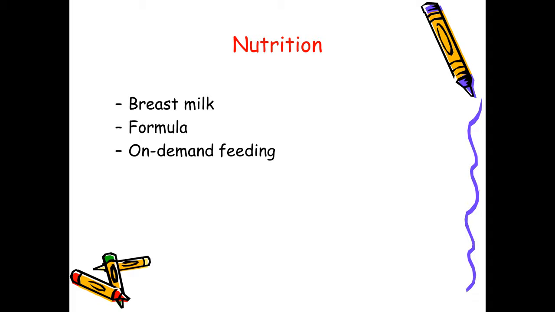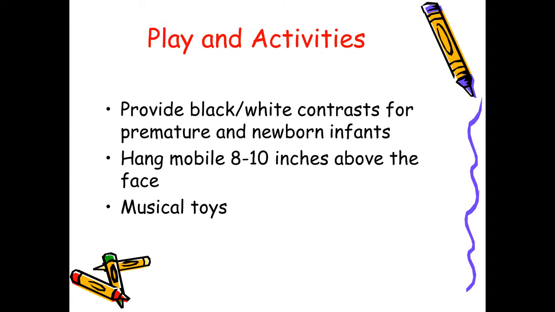All right, let's take a look at play and other activities. For newborns, it is good to provide them a black and white nursery or something with bold colors so that they can learn to distinguish against the dark contrasts and the light contrasts.